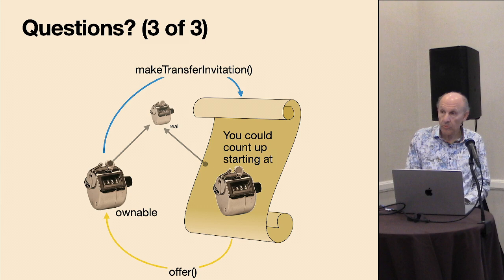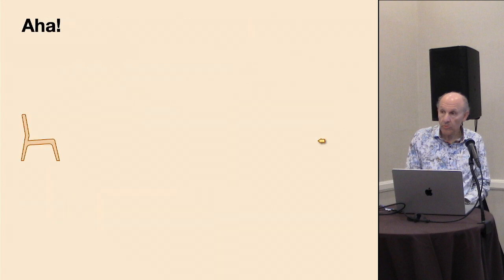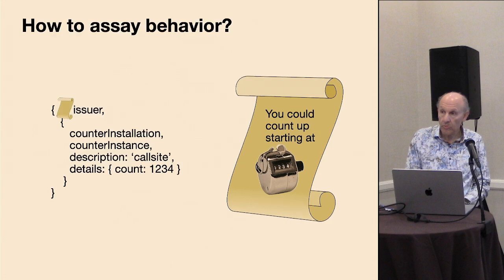Yeah, all of that would be valuable, and all of those are, I would put in the category of additional evidence for increasing confidence. I talked about how to assay behavior. I talked about how a malicious upgrade of the auctioneer cannot violate the offer safety. In the case of ownables, the behavior is introduced by code in smart contracts, where that code itself is still subject to upgrade and therefore subject to malicious upgrade.